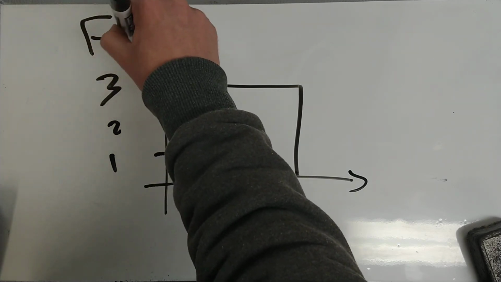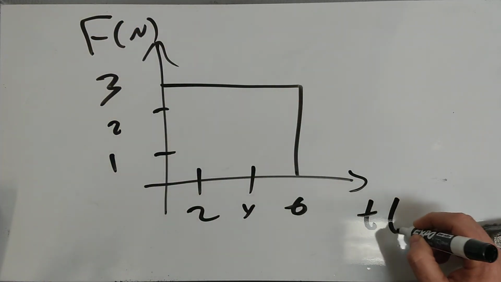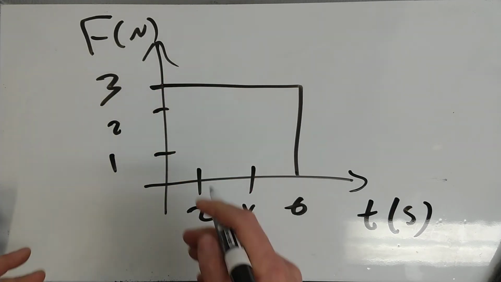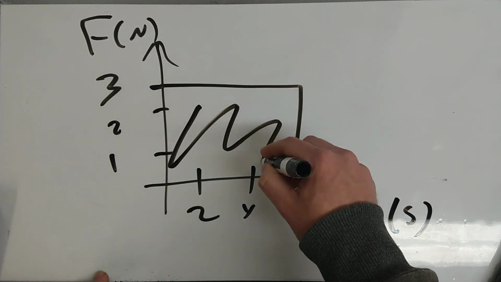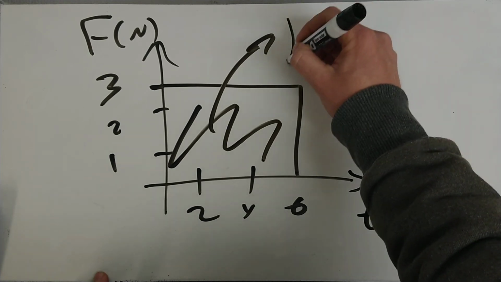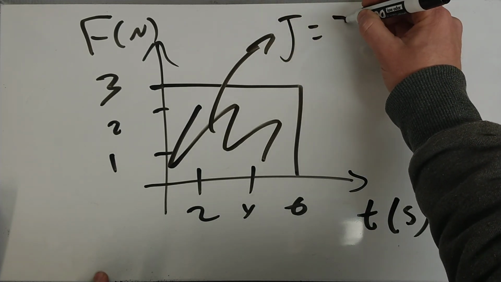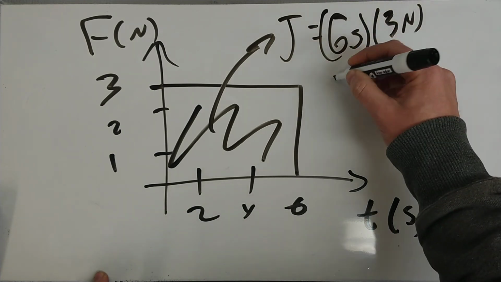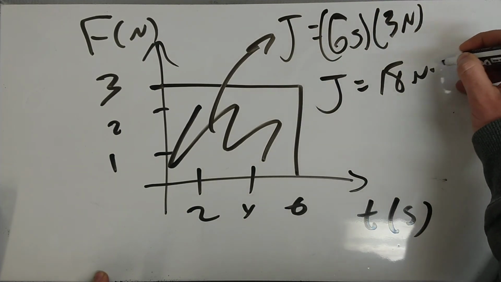This is force in newtons versus time in seconds. It's a constant force of 3 newtons applied to an object for 6 seconds. So impulse, J, is going to be base times height, 6 seconds times 3 newtons. That's an impulse of 18 newton seconds.